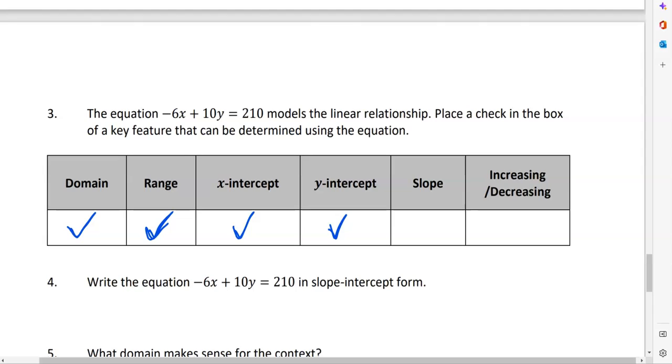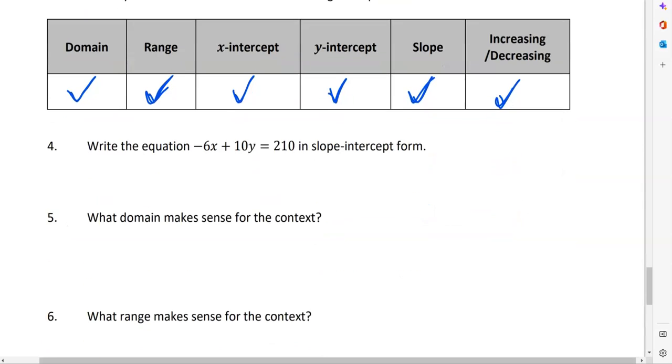Absolutely, yes. Could I find the slope of this line? Yeah, because I could rewrite it into what? Into slope-intercept form. Good. And I could find slope, which means could I determine if it's increasing or decreasing? Yes. So we can do all the things. We can find all of them. Woohoo!